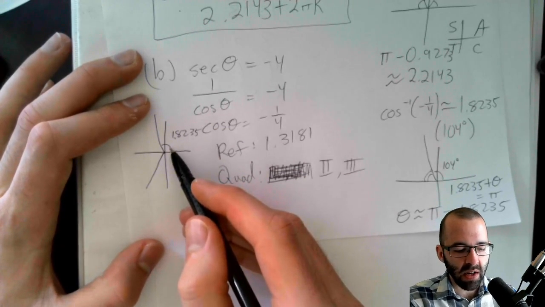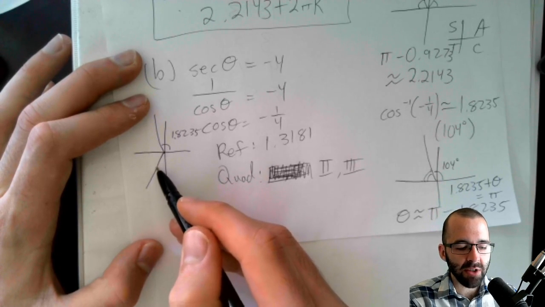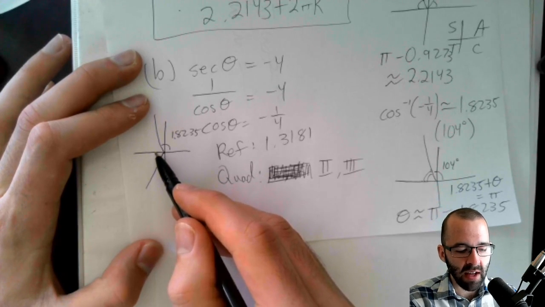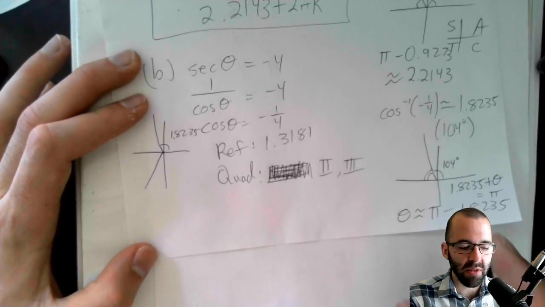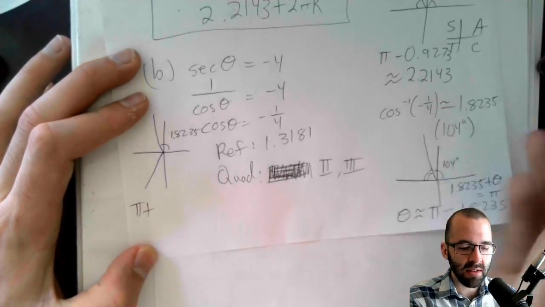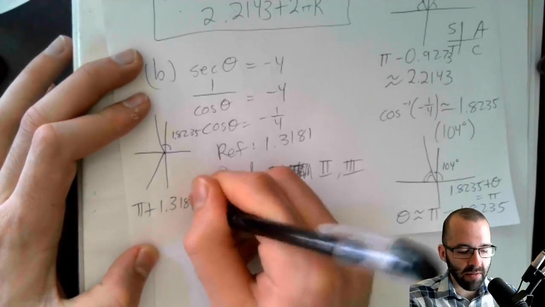which is going to be what happens if we go pi radians and then an extra reference angle. We go pi radians or 180 degrees and then add whatever that reference angle is, which we already found. So the second one's going to be pi plus the reference angle, which is 1.3181.